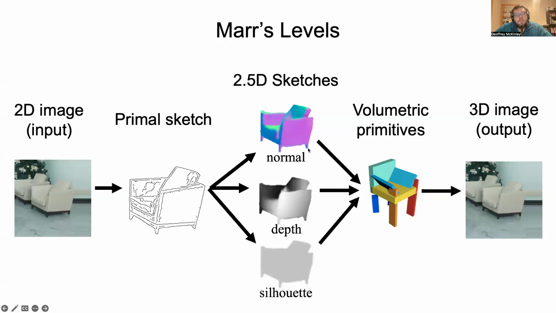Maybe this is the output from some module that encodes things about not depth, but something else. And then this is like the depth module. I don't know what this is, but the point is that these are all outputs from very specific modules that receive this primal sketch as the input. And then that yields this sort of 3D image at the end. Okay, and so next video we'll talk more about modularity.